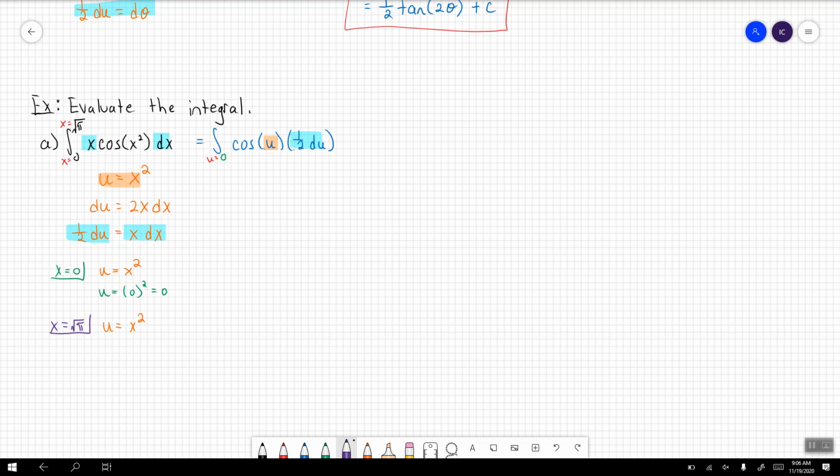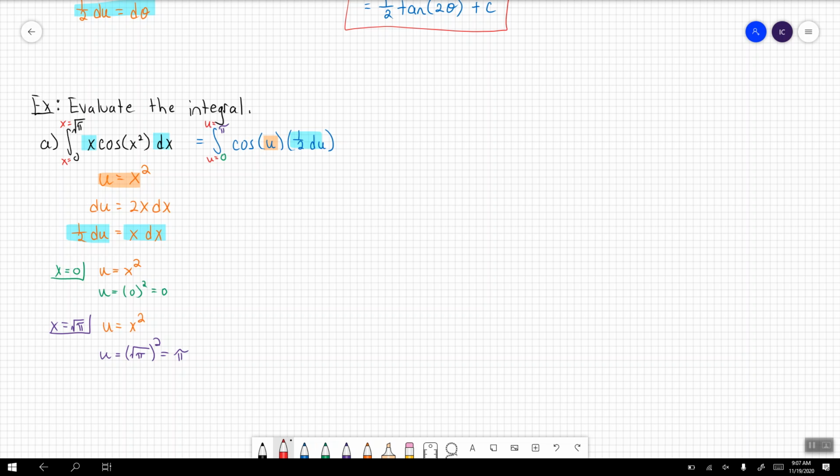And therefore, I should now get that u is equal to the square root of pi squared. Square root and squared just gets me pi. So my upper limit of integration is just pi. And again, that's in terms of u.